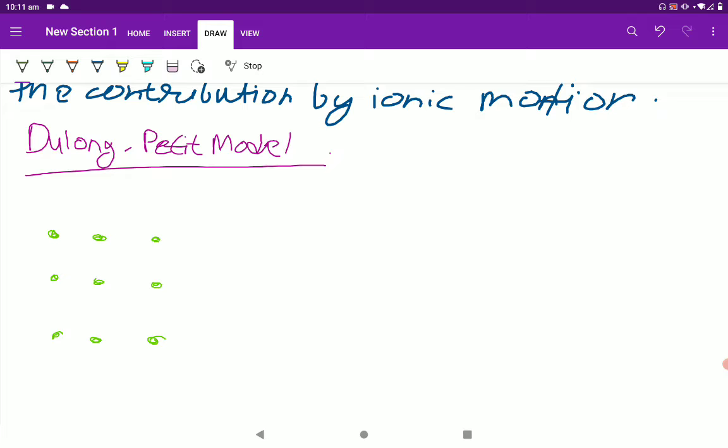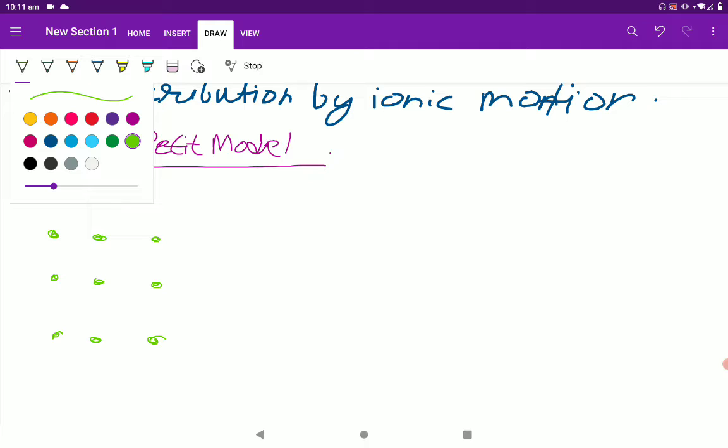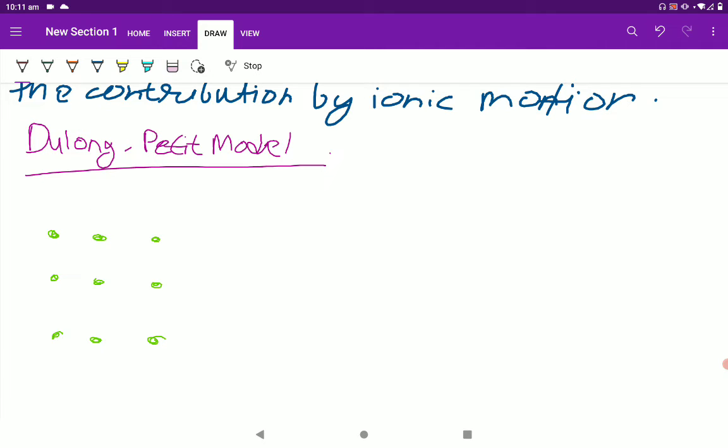The model is that each ion is attached to a spring with certain mass m and spring constant k.